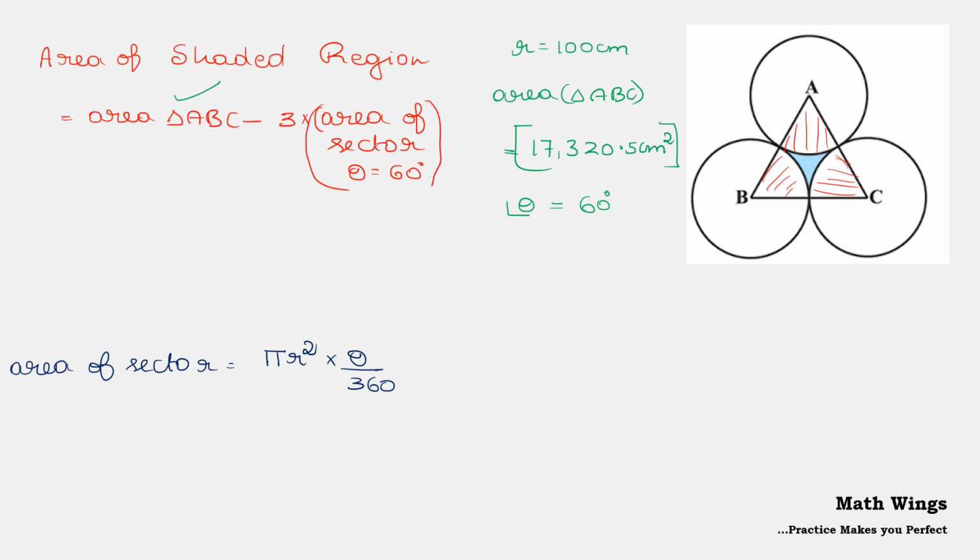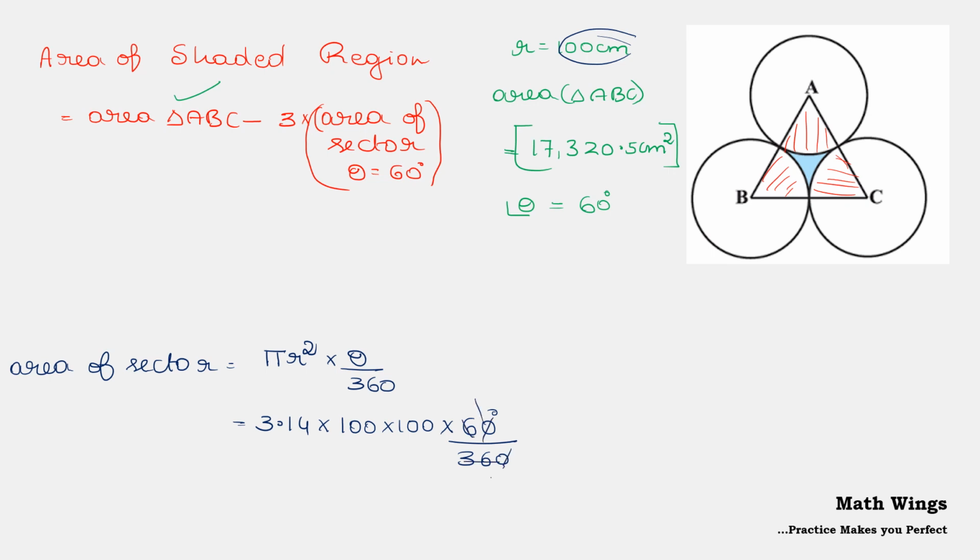So if you remember, they have asked us to take pi as 3.14, into, what's the value of r? The r value is 100 here. So 100 into 100 into theta, that is equal to 60 degree, divided by 360. So let us simplify this one.